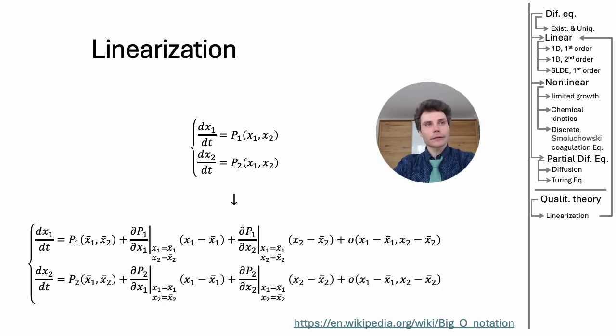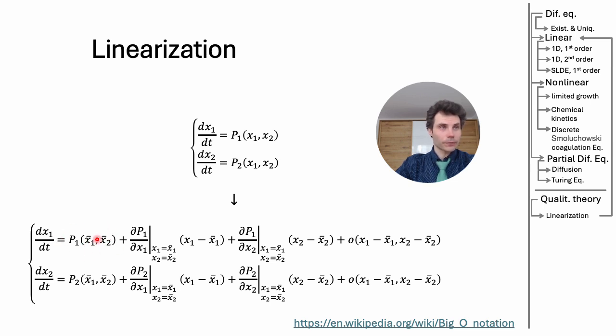Well, the writing is a little bit lengthy, but in principle it is just the same as what we saw a couple of slides ago when we linearized the logarithm function. So the first equation now has the value of p1 in the stationary point itself. That's a constant number.